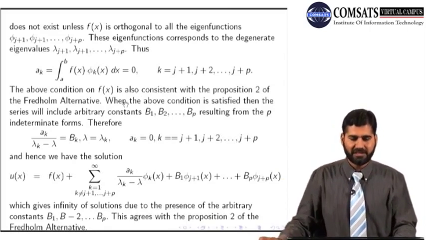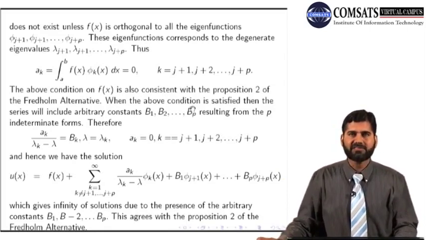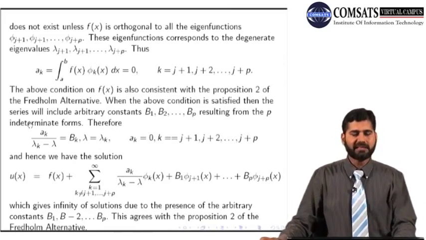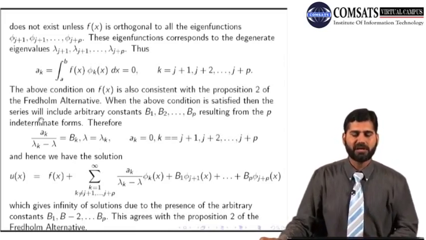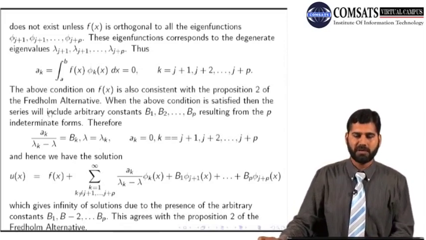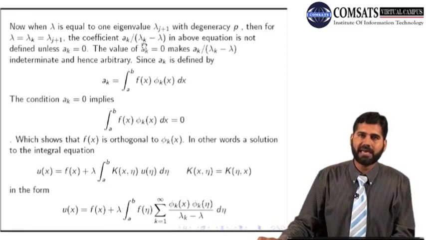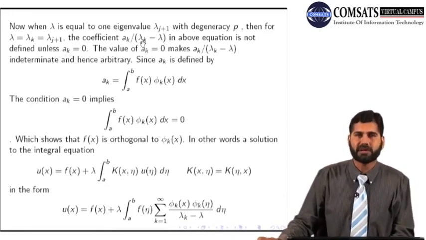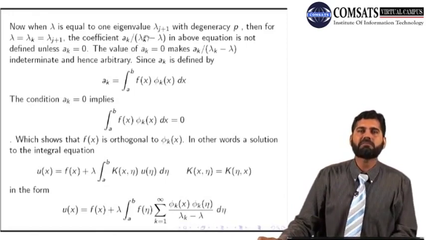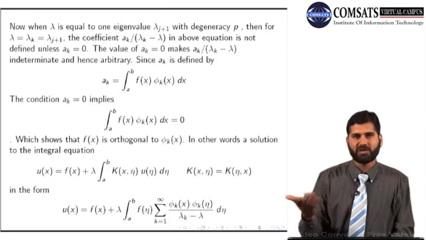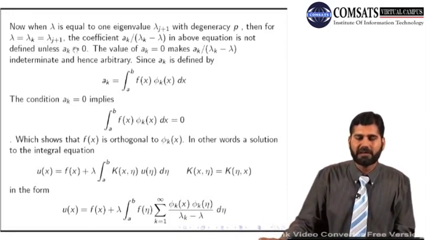So when the above condition is satisfied, the series will include arbitrary constants b1, b2 up to bp. Here, if lambda is equal to lambda_k and a_k is also equal to 0, then this whole thing will become indeterminate. Indeterminate means it can have any value, we don't know, so eventually it will become arbitrary.